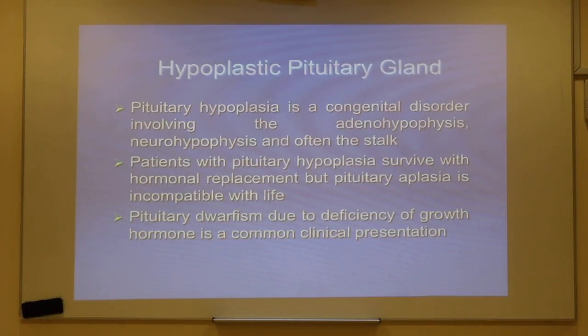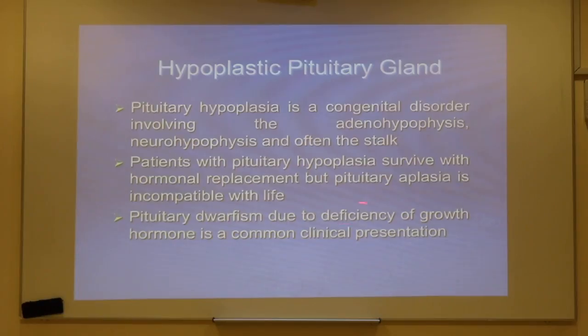It's not suitable for life, because you need ACTH and TSH, which are very vital for life. So if there is aplasia, that is incompatible with life. You can survive with hypoplasia with hormonal replacement, but aplasia is incompatible with life.